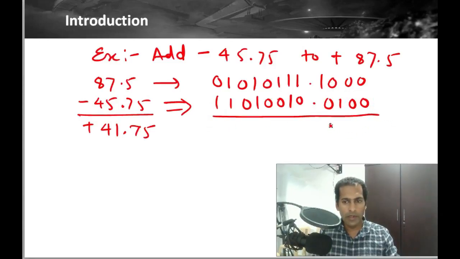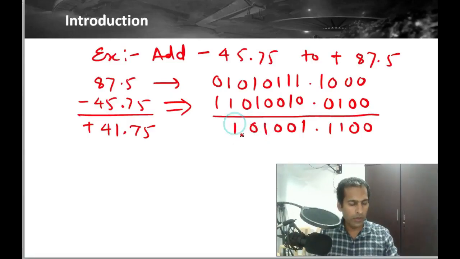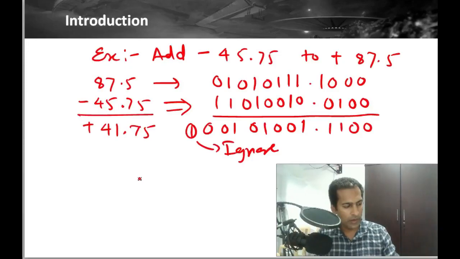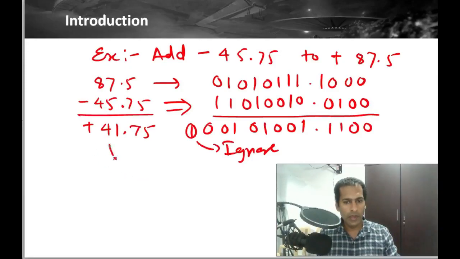If we solve this, we'll get 1 1 0 0. Here we'll get 1 0 0. Here we'll get 1 0 1. Here we'll get 0 0. So we have to ignore the carry. We get one carry here that we ignore. So MSB is 0, so the result is positive and is normal binary form, and it will be same as 41.75. So these are some examples on addition.